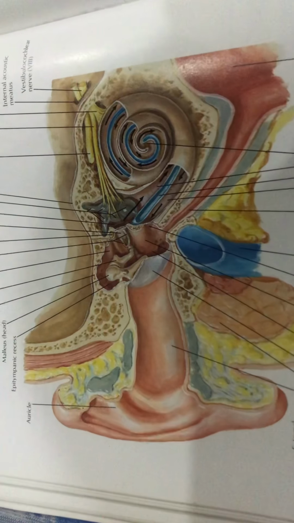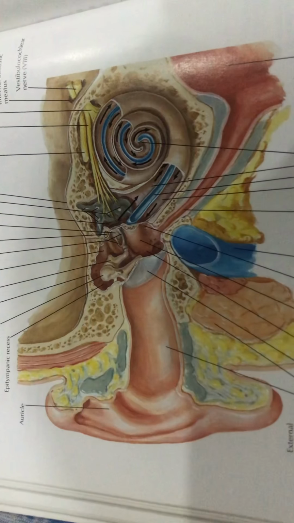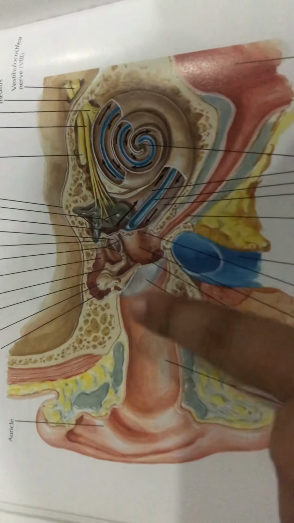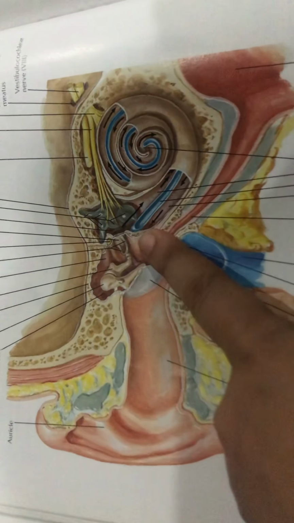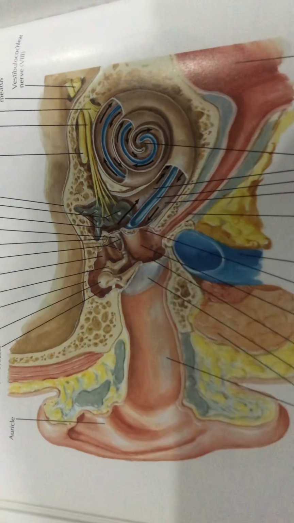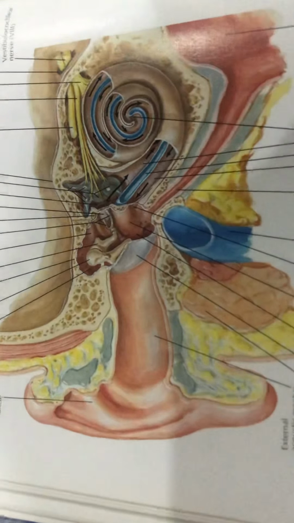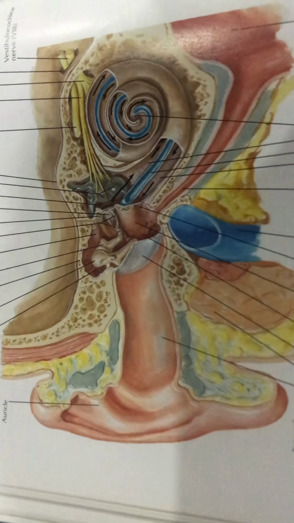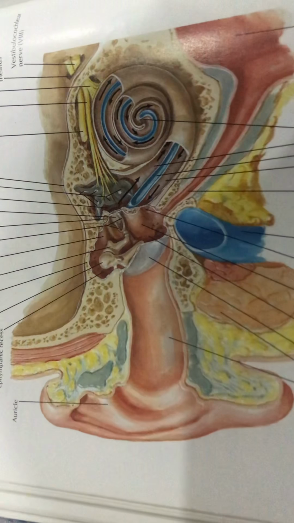In a conductive deafness, when we plot it on an audiogram, we know the defect is going to lie in the external ear or in the middle ear. So the air conduction graph is going to be above 25 decibels. Deafness is, as we saw, the cutoff is 25 decibels. So when the patient hears above 25 decibels, it's deafness.